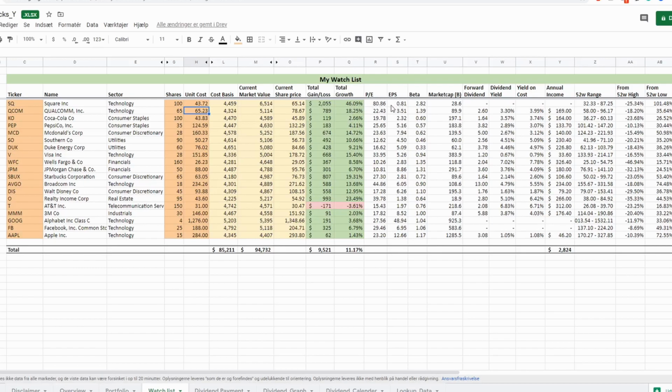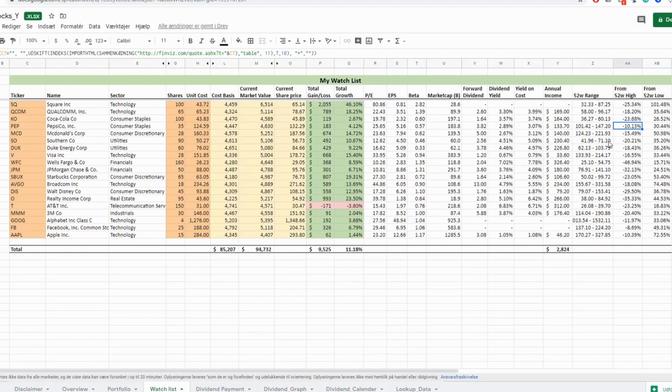If you look at the tab here, we can see some key data: the EPS, the beta, the PE ratio, and we can see the dividend yield and what my yield on cost would have been if I bought it at that time, and how much my annual income would have increased if I bought X amount of shares. And then I have this column here, 52 weeks range.